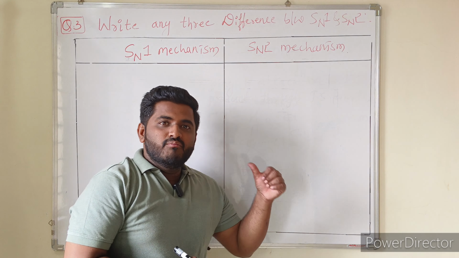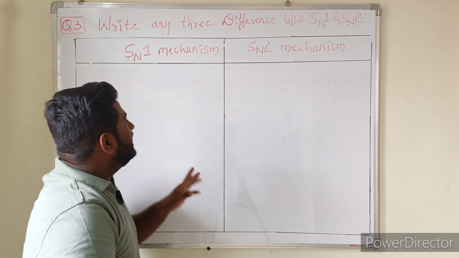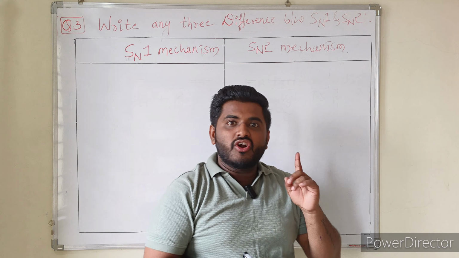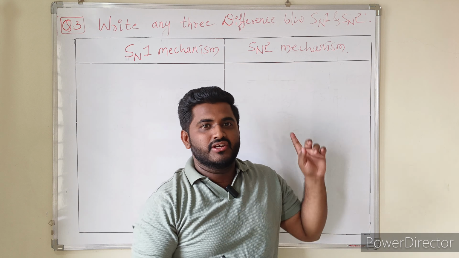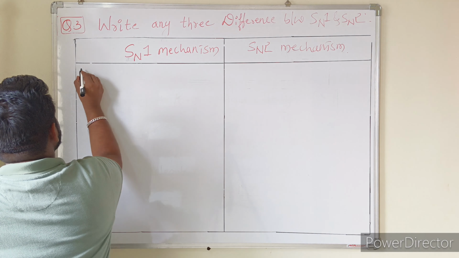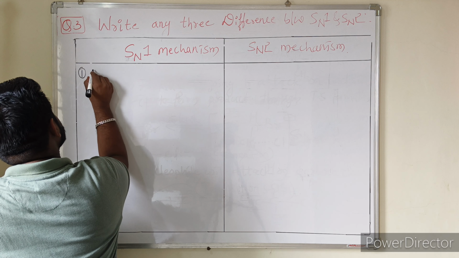First pointer: remember, the SN1 name itself indicates it is a first order reaction and unimolecular reaction. This is a second order reaction and bimolecular reaction. First point, SN1 is a first order unimolecular reaction.